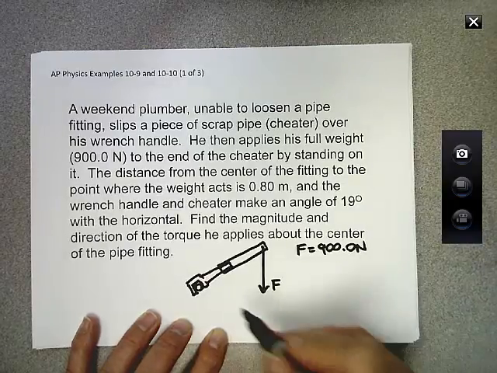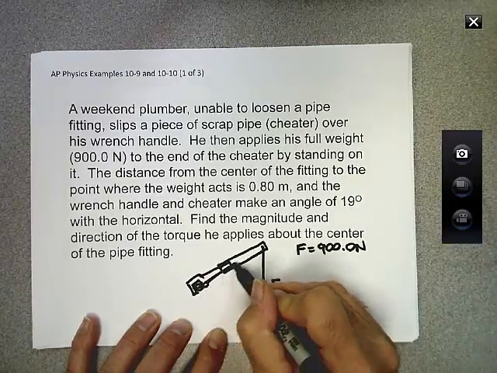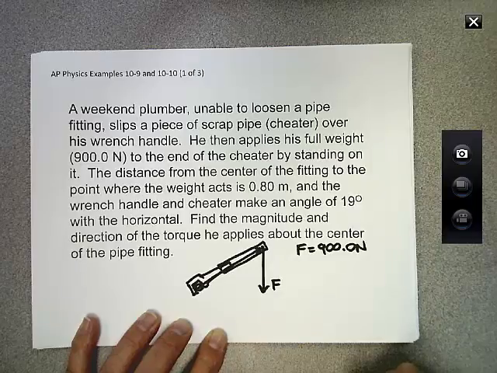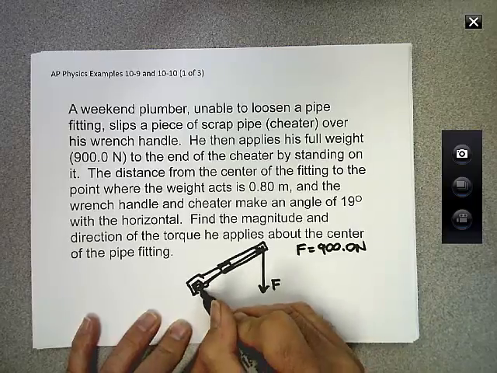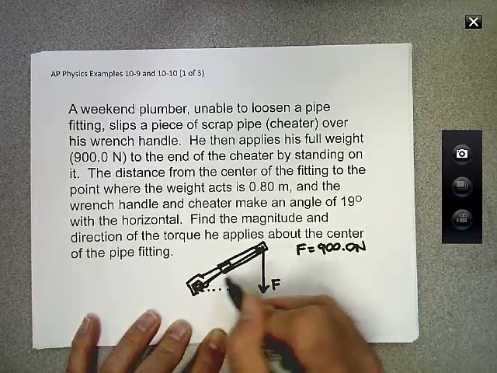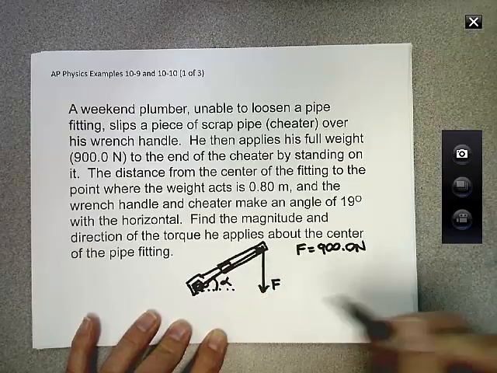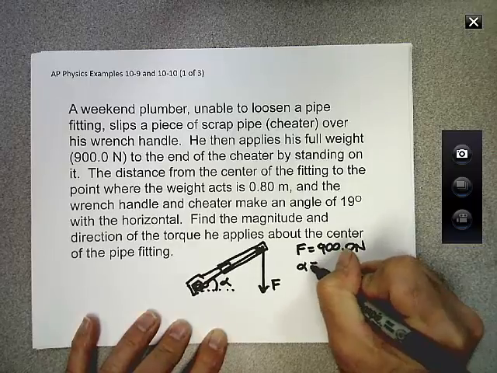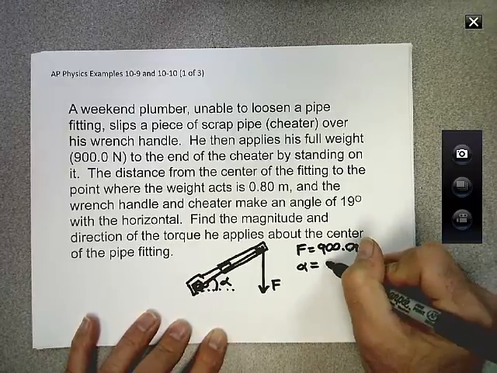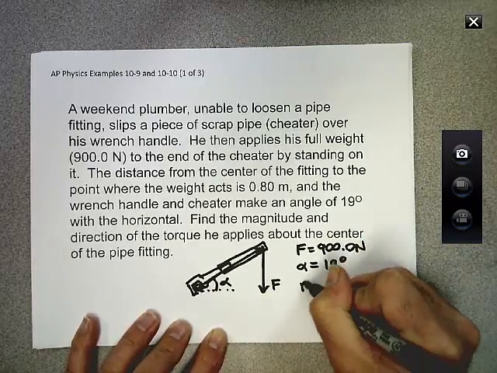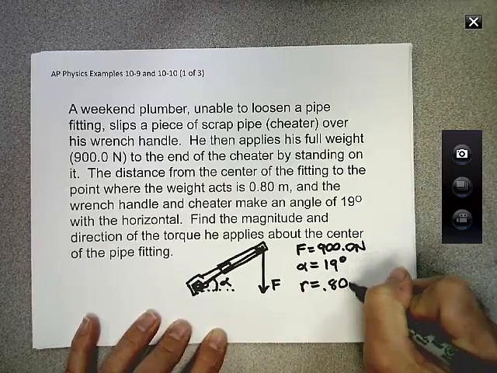R is always from the pivot point to the point of application of the force. Now they tell us that the angle between the wrench and the horizontal is 19 degrees. So I'm going to say the angle is 19 degrees and R is 0.80 meters.